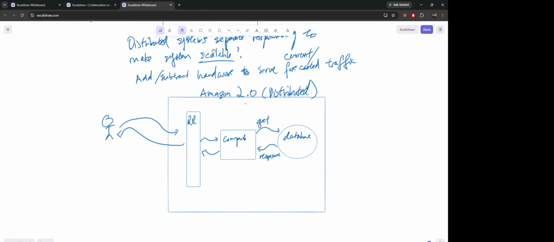So for example, if we have 1,000,000 users, 10 to the power of 6, and let's say our traffic pattern is 100 to 1, so every 100 requests are reads, and 1 request is a write.